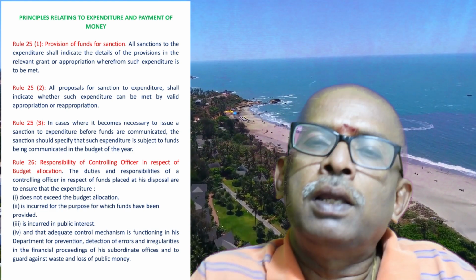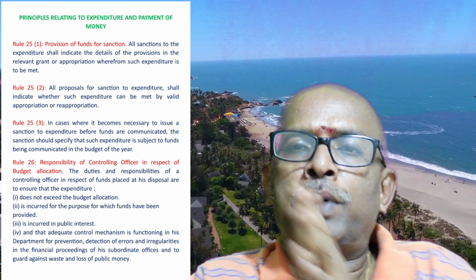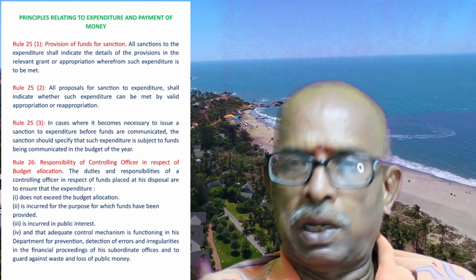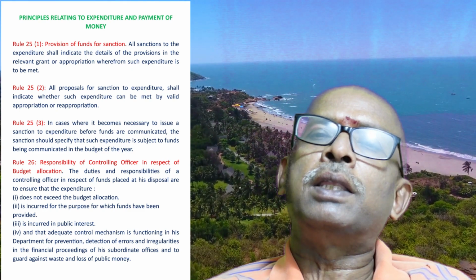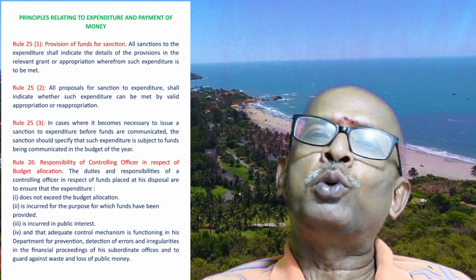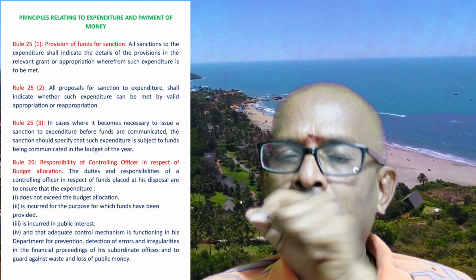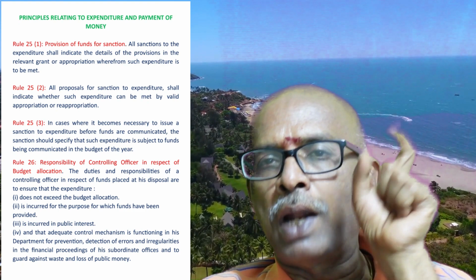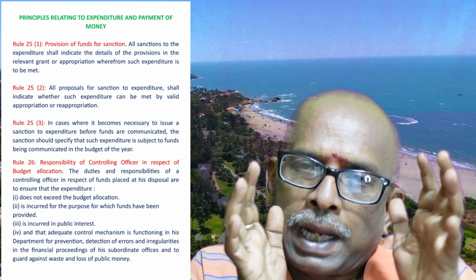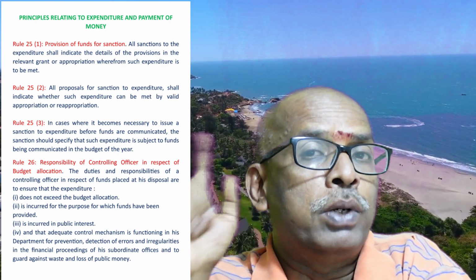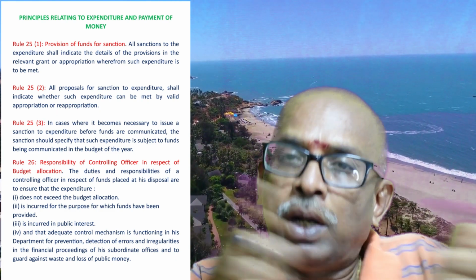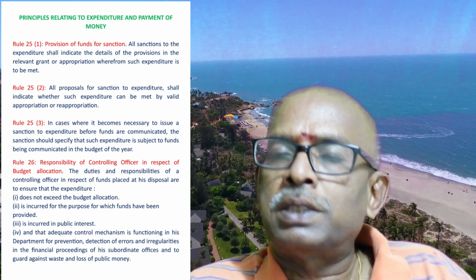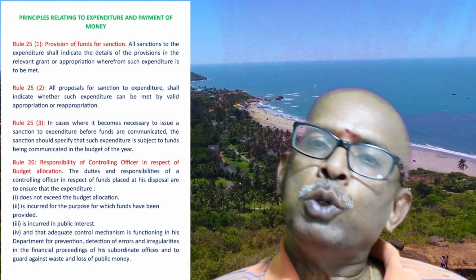If it is not there, we are proposing for reappropriation in our RE stage, revised estimate stage. So that has to be indicated in the proposal. So people who prepare the proposal should say the funds are available, or if not available, that we are asking in the reappropriation. So now it is subject to acceptance for reappropriation by the competent authority. Only then your proposal will be taken up. This is rule number 25(2).